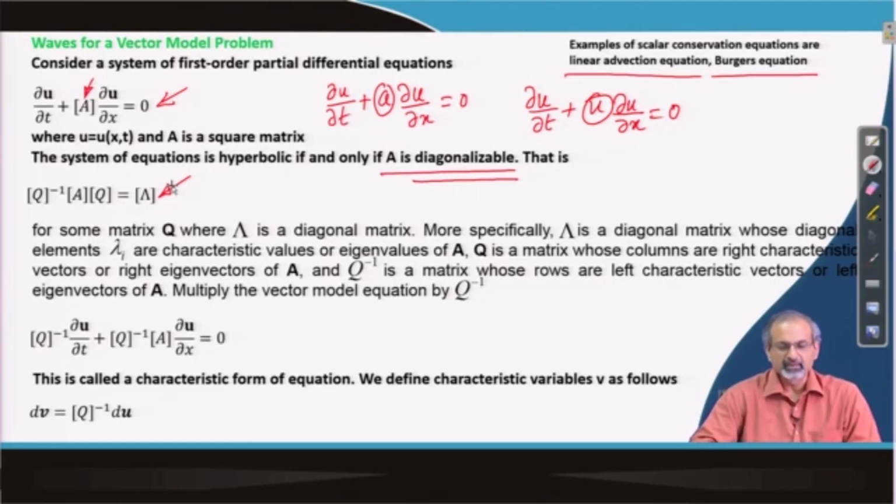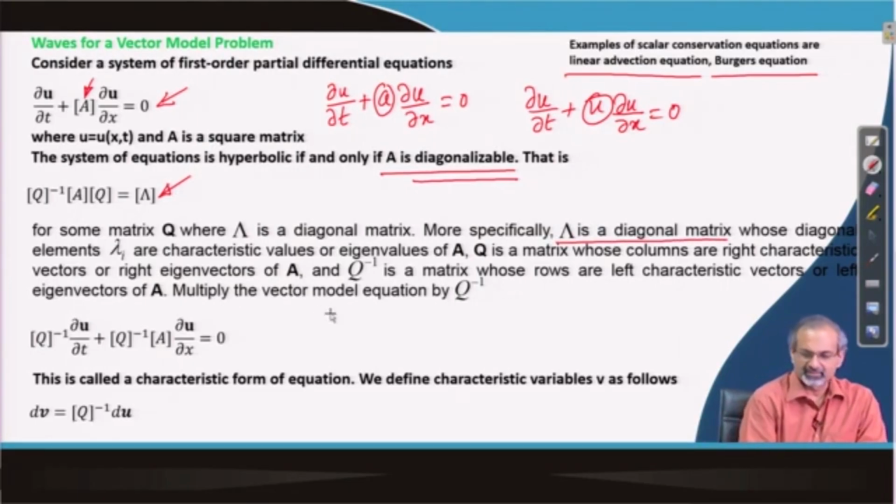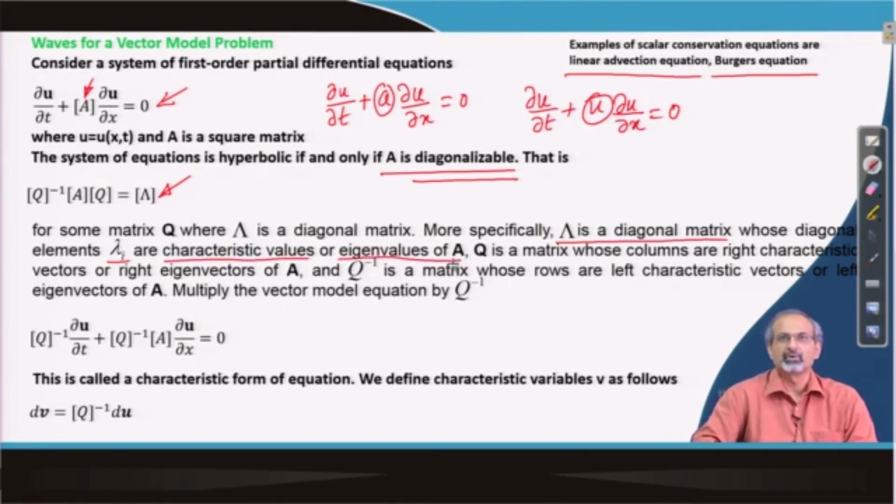So, let us look at a little more detail on the matrix Q or Q inverse. As we already mentioned, the right hand side diagonal matrix has only non-zero diagonal entries, and these diagonal elements are lambda i's, or characteristic values or eigenvalues of A. Sometime back we were talking about extracting eigenvalues of the matrix A, because that tells us more about the behavior of equations.